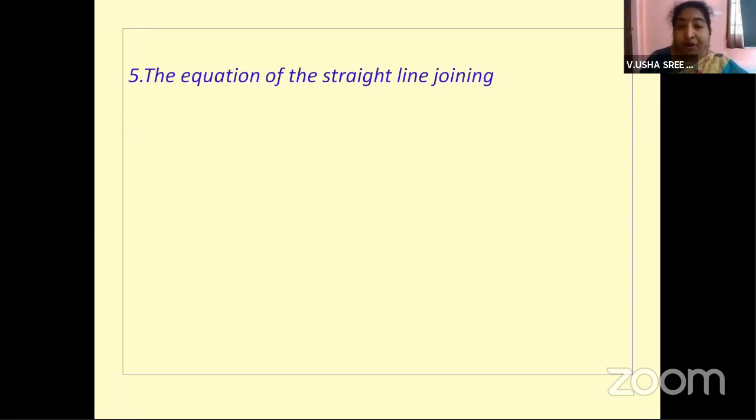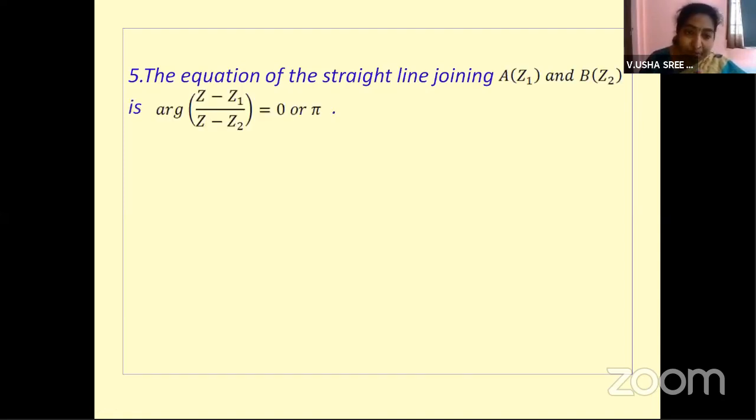Then the equation of the straight line joining A, Z1, and B, Z2, is argument of Z minus Z1 by Z minus Z2 equal to 0 or pi. Now, if you are given two complex numbers, Z1 and Z2, which are taken on a straight line, then when you consider their join, you should get a straight line equation.